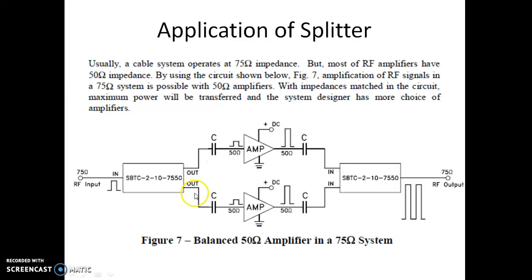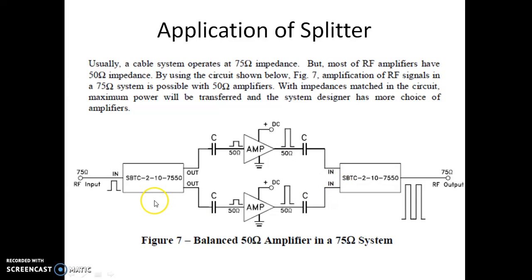So this split output has been amplified by these two amplifiers which are connected to the output of the splitter circuit, and since the output impedance of the amplifier is also 50 ohm, it is in turn connected to a combiner circuit whose input impedance at this point is 50 ohm. There's a perfect match between this 50 ohm and this 50 ohm, and this 50 ohm and this 50 ohm.